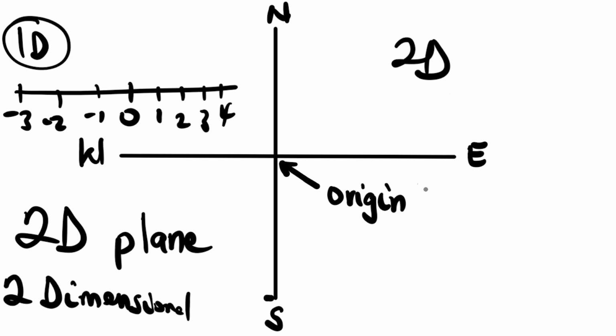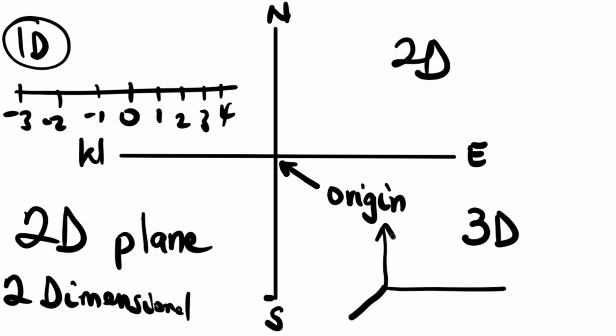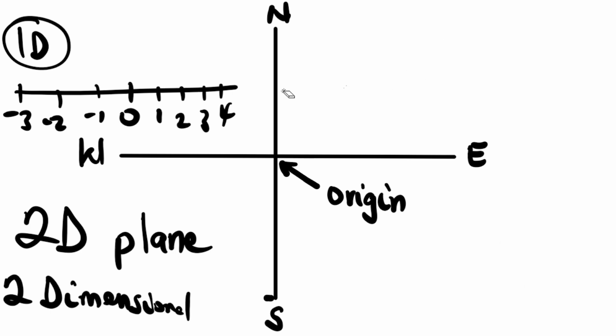If you hear of 3D planes, there will be three lines: X, Y, and Z. But that's not the focus. Our focus is on the 2D plane, which we know from the cardinal point and things we are already used to.